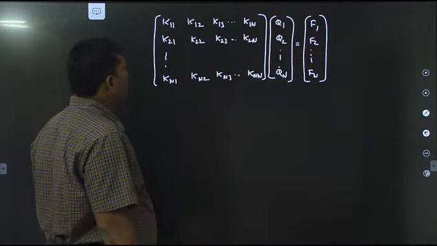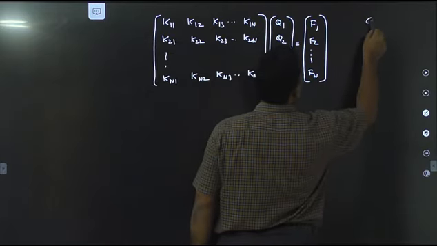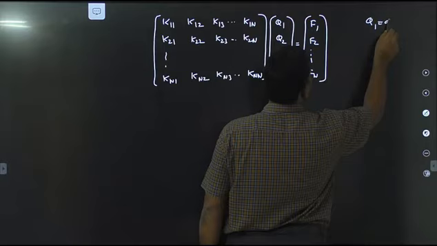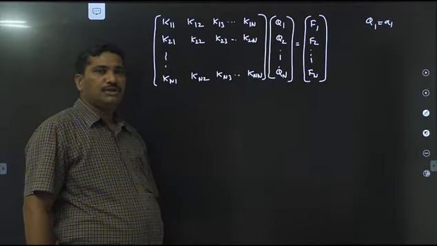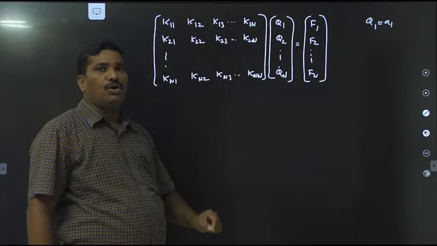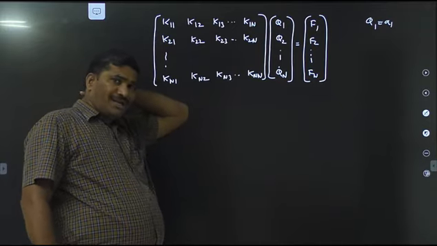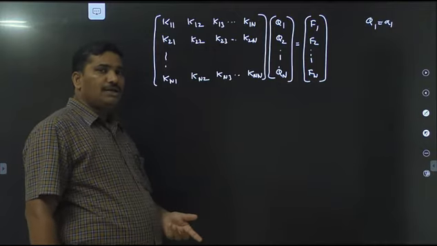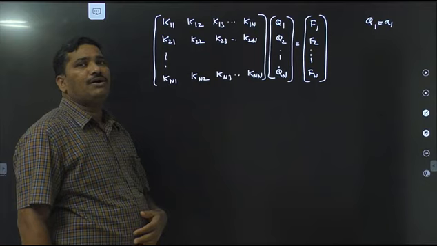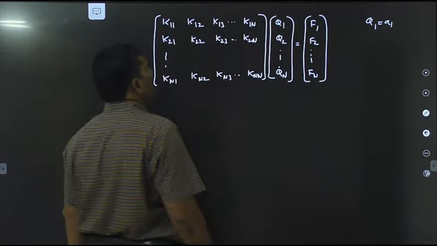Understand? Now, here I know Q1 equals A1. It is a single known displacement. Then, how do I get the equations of equilibrium? Now, I get here n minus 1 equations.